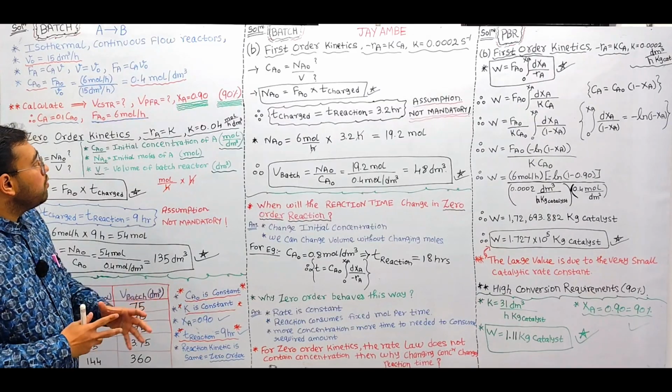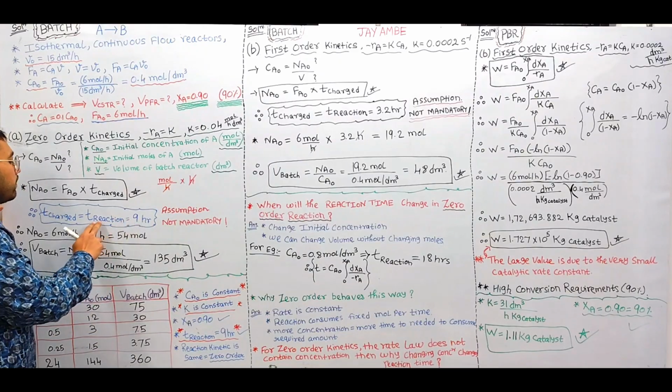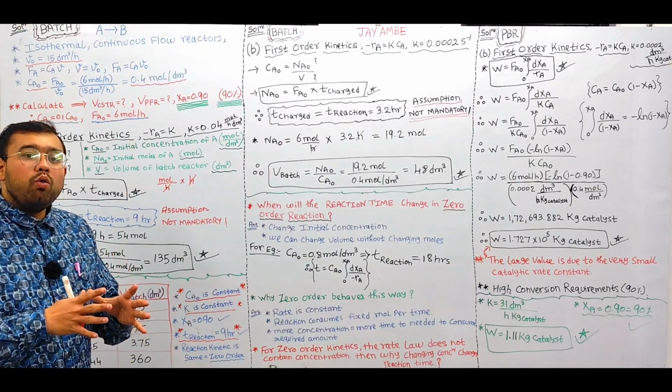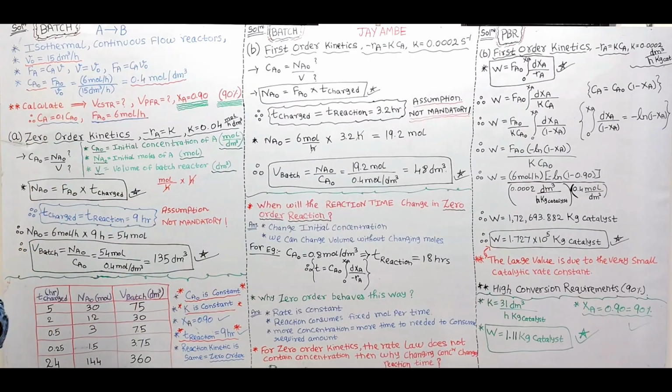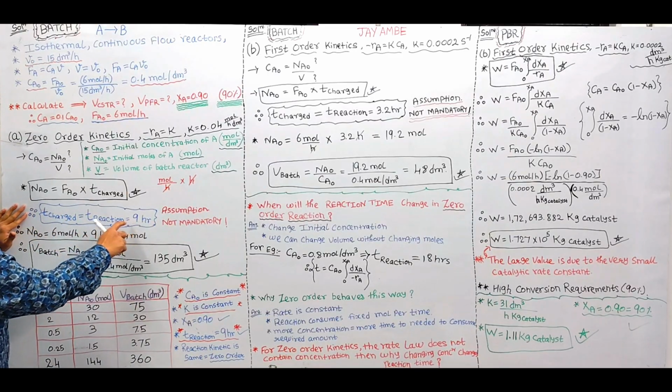In order to achieve 90% conversion we required 9 hours of reaction time, after which 90% of the reactants have been converted into product. So remember, we are assuming the charge time is equal to the reaction time, which is 9 hours.